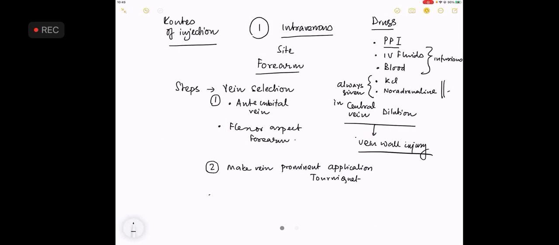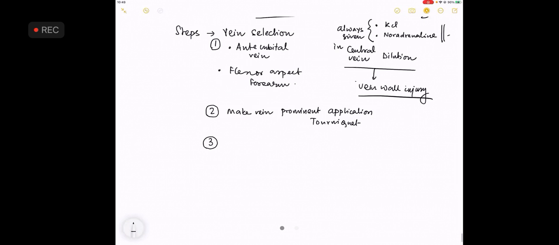Next, aspirate the vein to confirm the location.